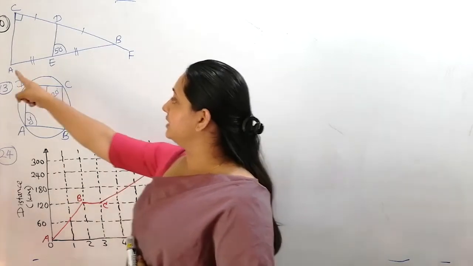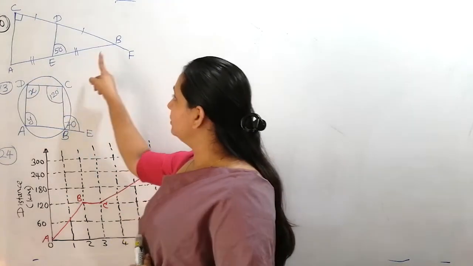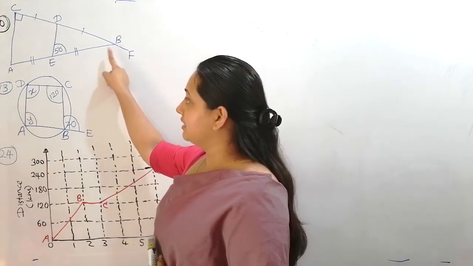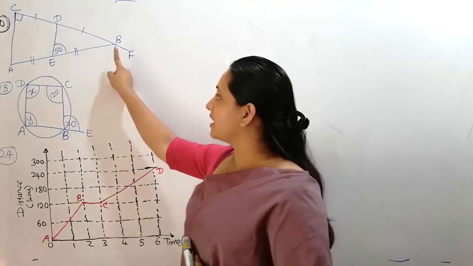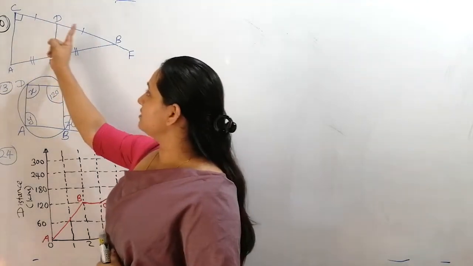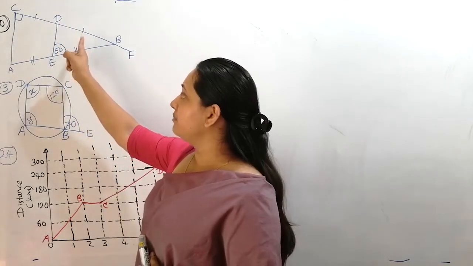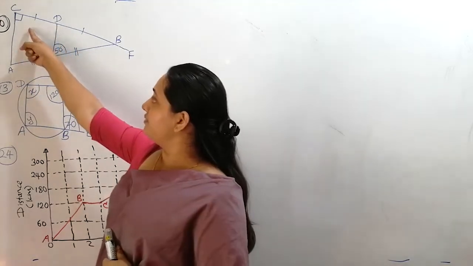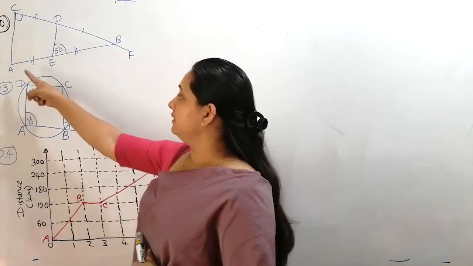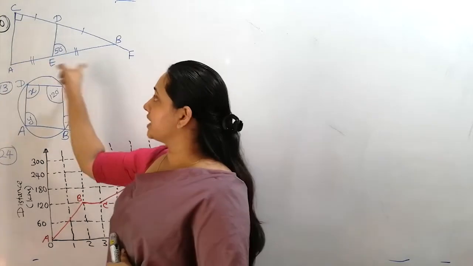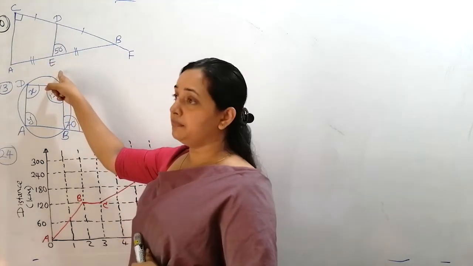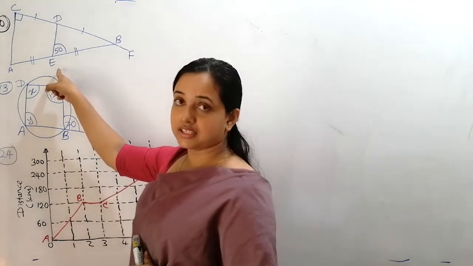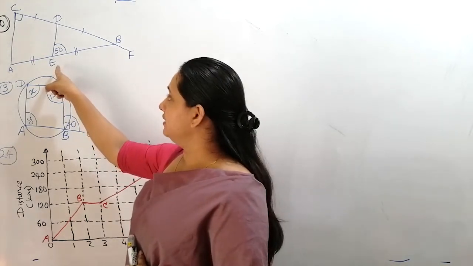Look carefully here. AE equals EB. That means E is the midpoint of AB. And CD is equal to DB. That means D is the midpoint of CB. And ABC is a triangle. D and E are the midpoints of two sides of the triangle.